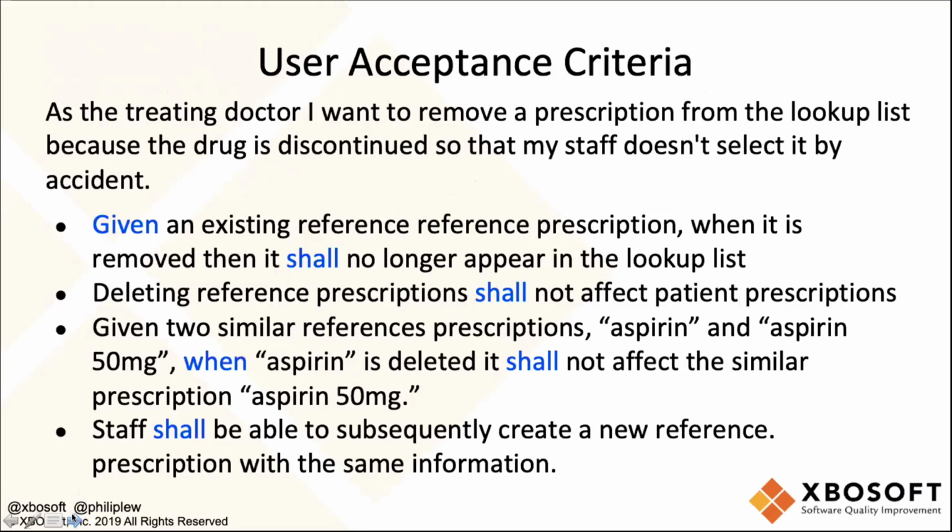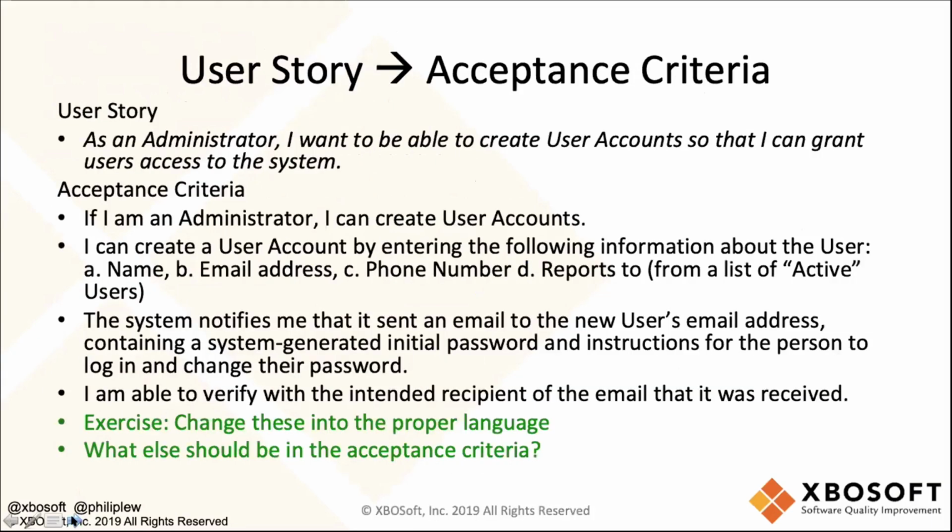Given an existing reference prescription, when it is removed, then it shall no longer appear in the lookup list. I'm sure that you can think up a lot of different examples as well. Normally we would do an exercise where we change these criteria into the proper language, but I'll leave that up to you on your own.